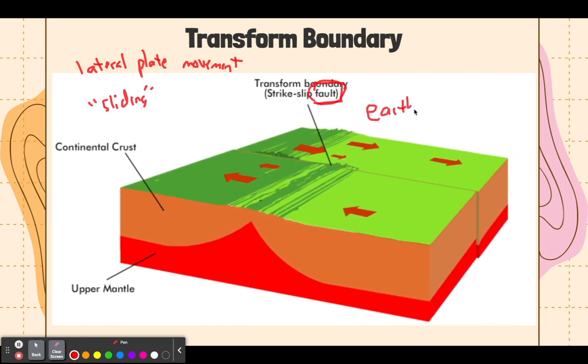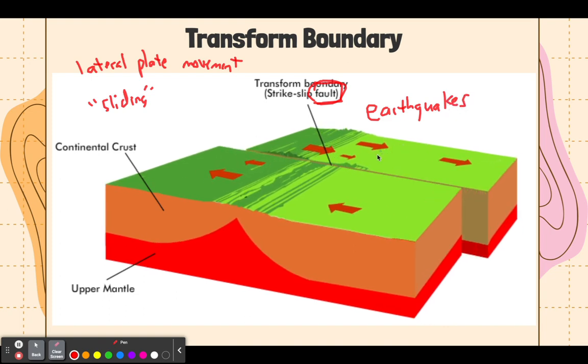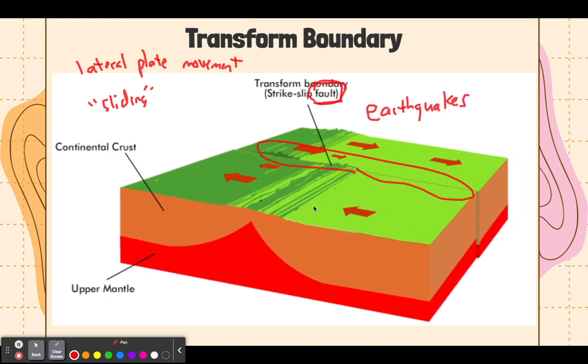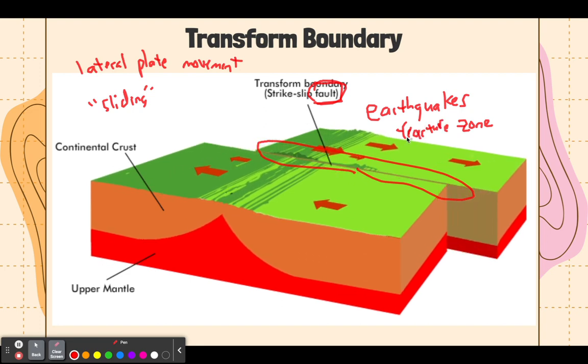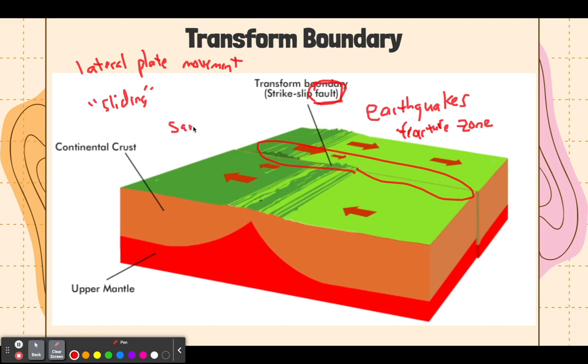Also, as you all know, if the plates are ever moving, we're always going to get earthquakes. And you will have this zone here that we call the fracture zone. Sometimes these zones can look like rifts, but they're technically not rift valleys. The San Andreas Fault is a perfect example of a fracture zone, a fault line.